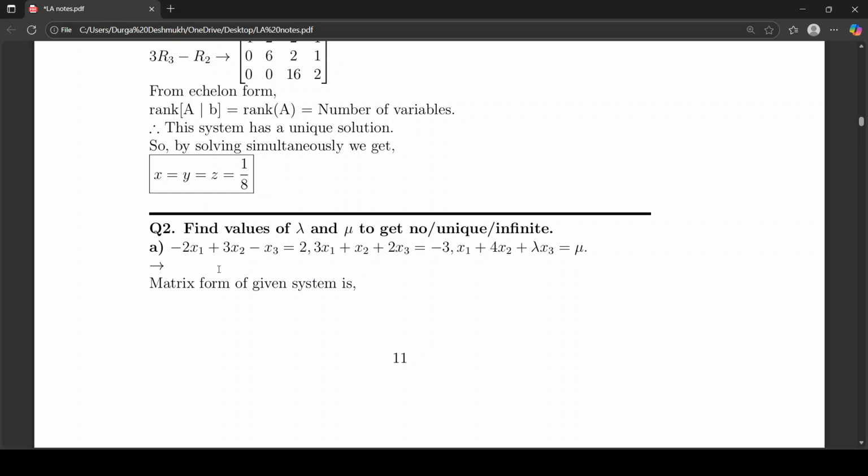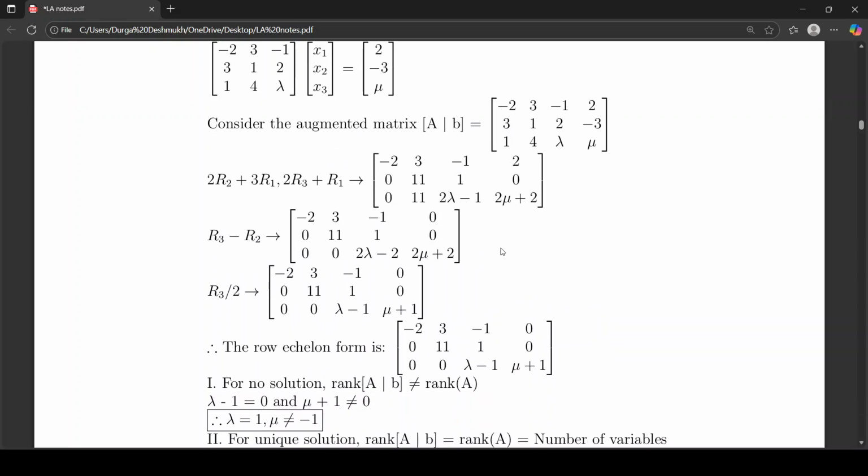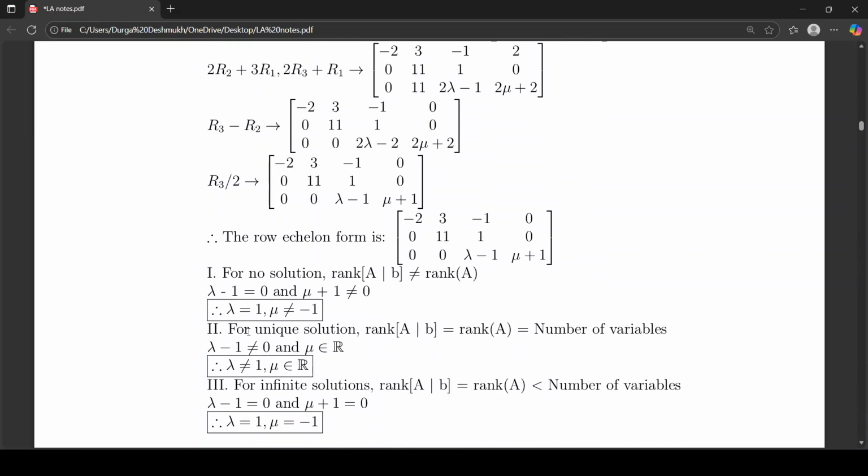To find lambda or mu for each case, we will just find the matrix representation, then find the augmented matrix, convert it into row echelon form, and then consider the cases, that is rank should be not equal, then rank is equal and equal to number of variables, like that, and find the values of lambda and mu for respective cases.